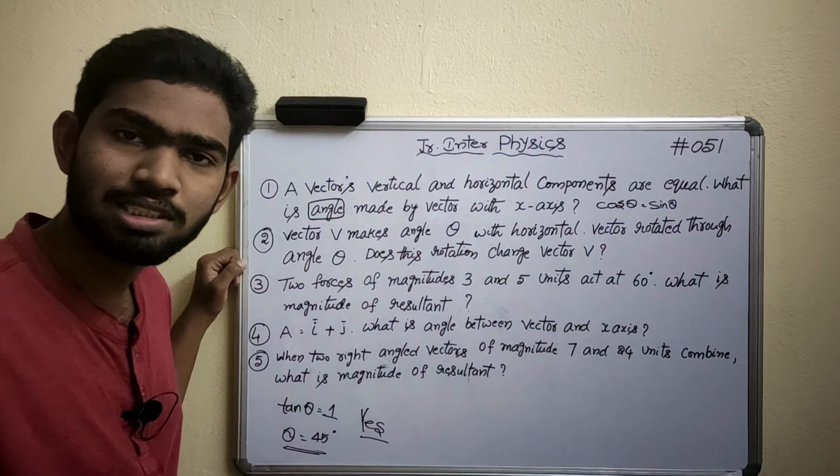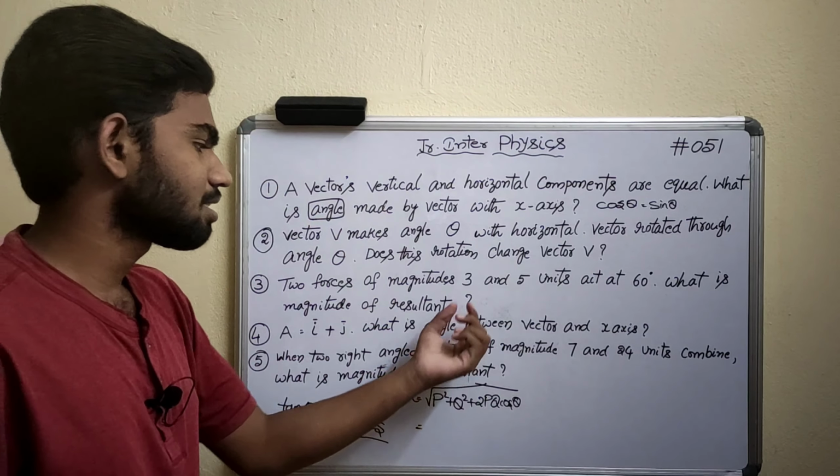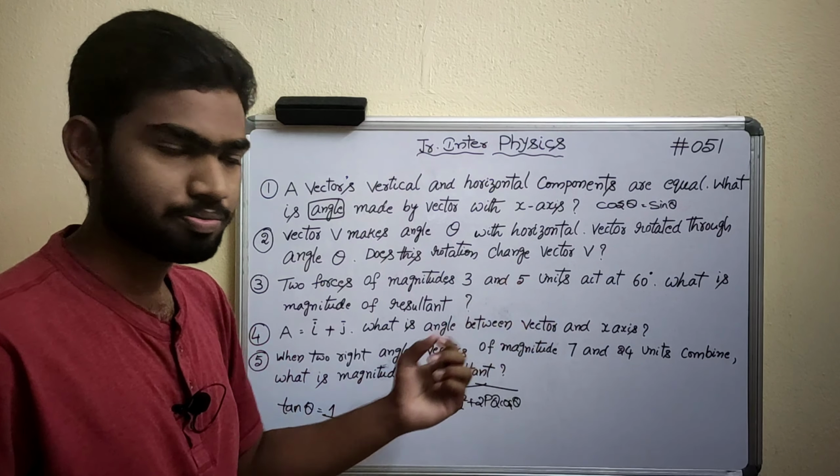There is a formula. So the resultant formula is R is equal to root of p square plus q square plus 2pq cos theta. So from this formula we can substitute the following. P is 3 and q is 5.